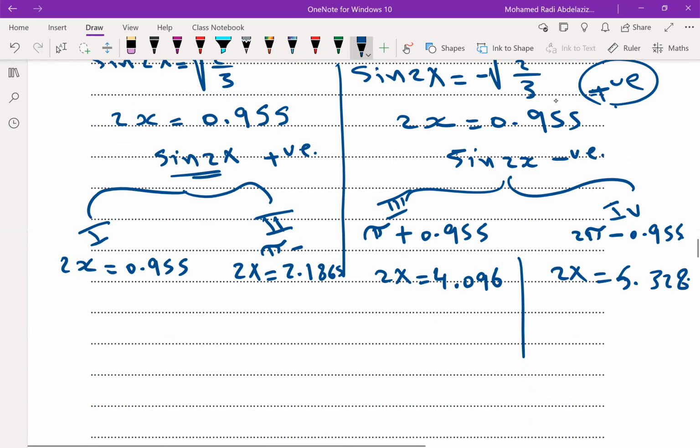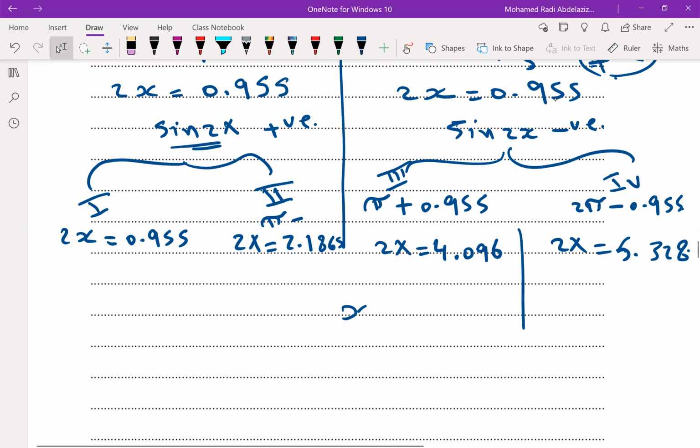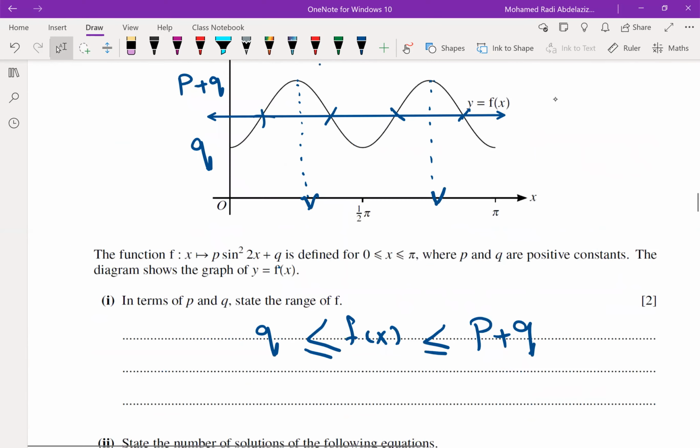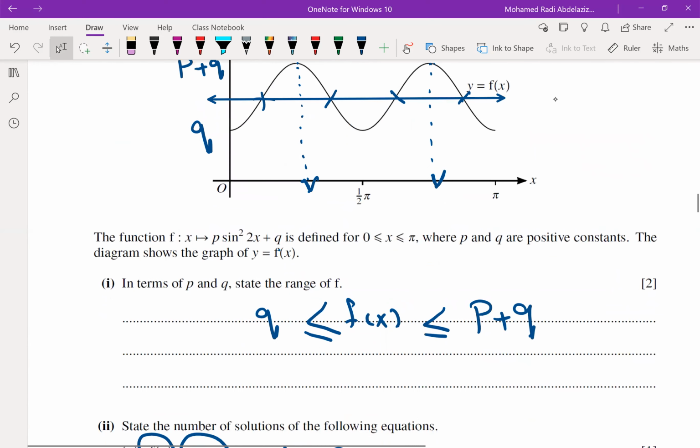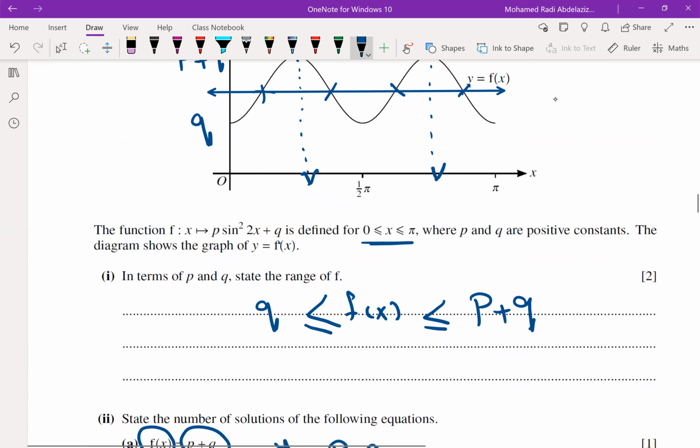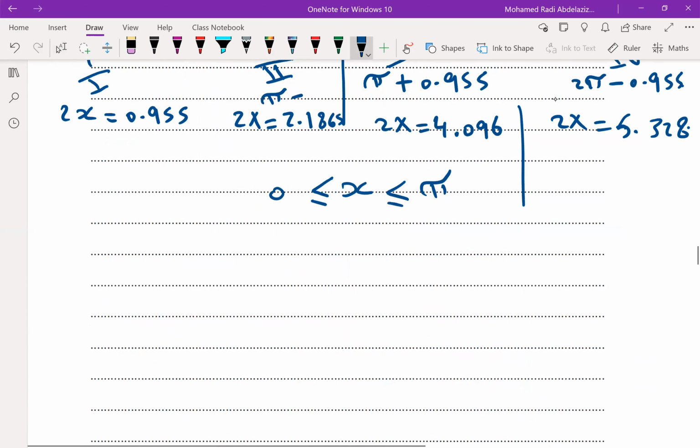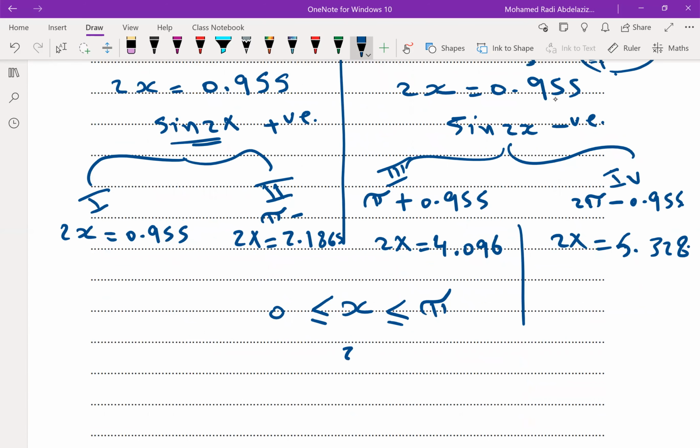Look at the range of x: it is written from 0 to pi. But we have 2x, so if you extend the range, 2x is between 0 and 2 pi. This is why I found all the cases.